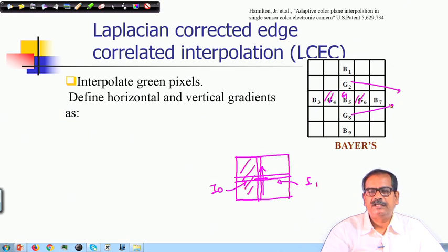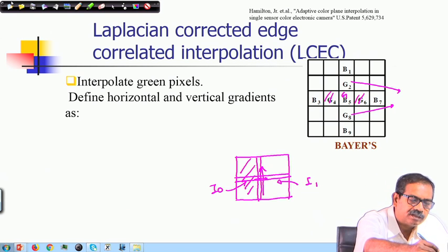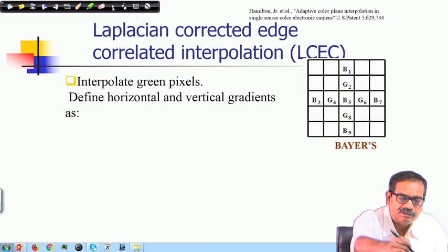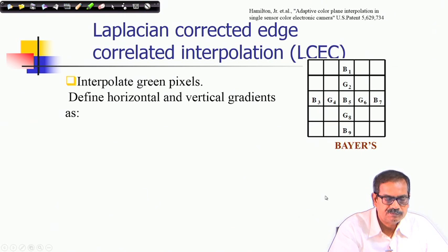So, estimation of gradient is important here. The other thing this algorithm does is that the estimation is further refined by considering the second order derivative of the distribution. I will now discuss this algorithm in more detail.